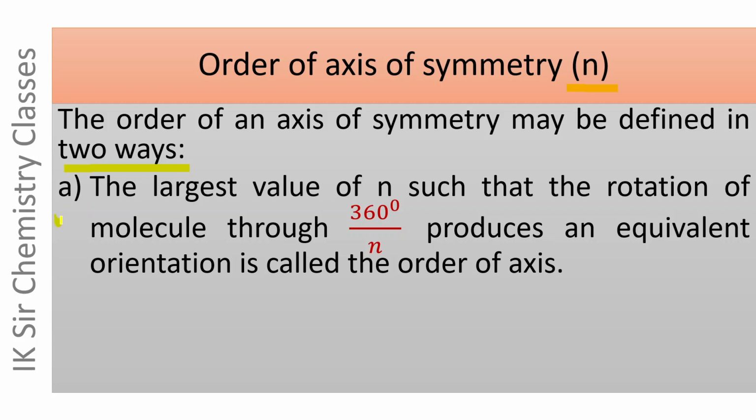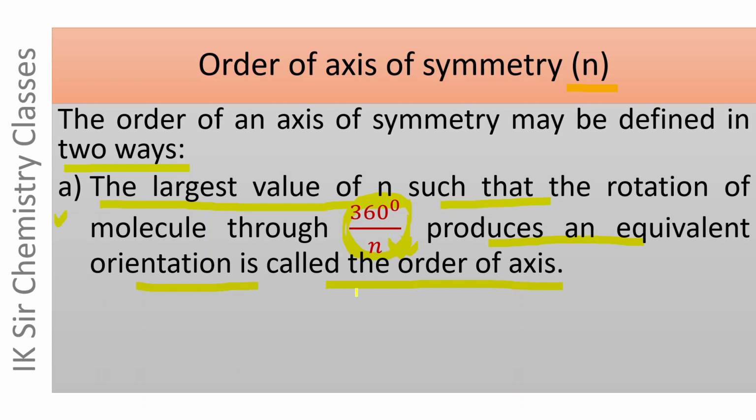The first way: the largest value of n, that is the smallest angle such that the rotation of molecule about 360 degrees by n produces an equivalent or indistinguishable orientation is called the order of axis.